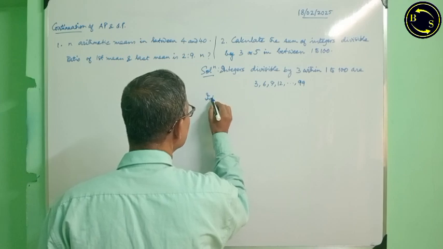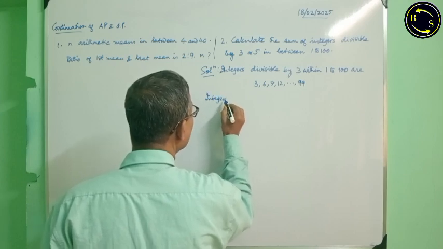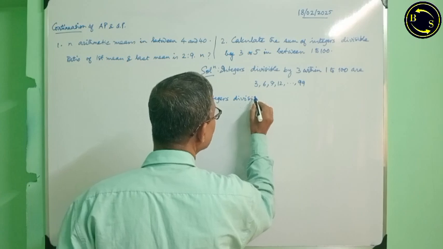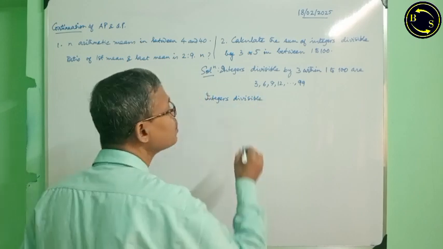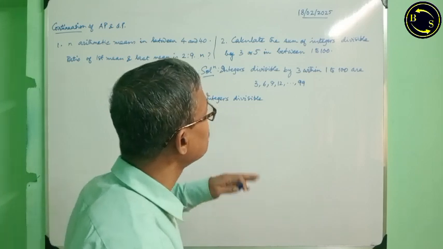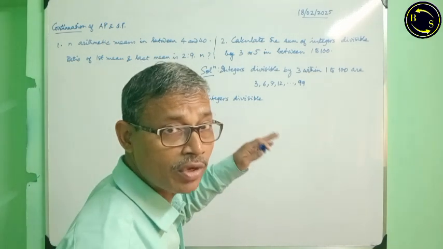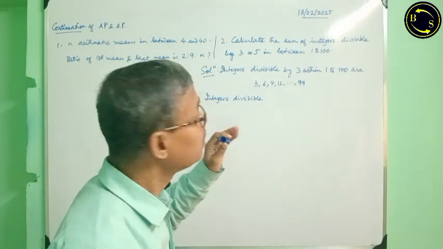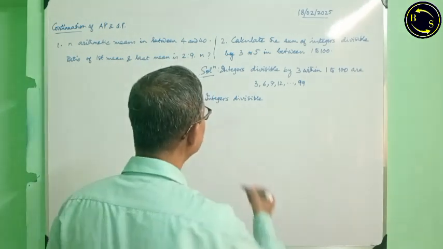We are first writing down the numbers which are divisible by 3, then by 5, then by 3 and 5.